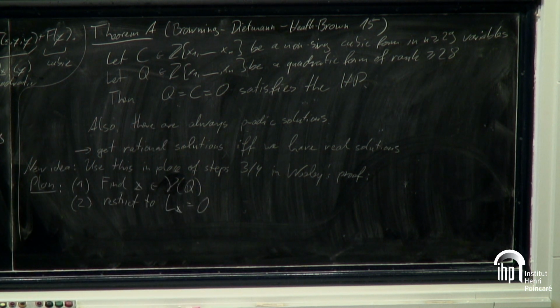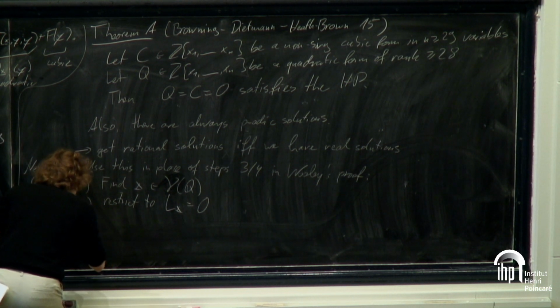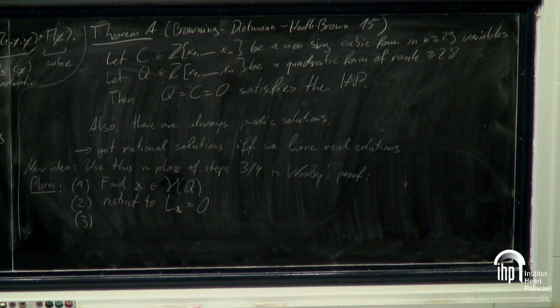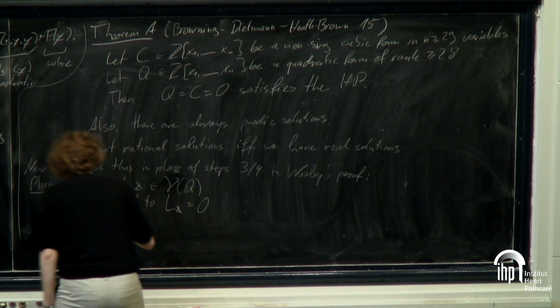Second step, restrict to the hyperplane. Now for the third step, we still need to make sure that we don't accidentally find the same point x again. So we restrict with another hyperplane that doesn't contain x. Apart from that, we're free how to choose it.